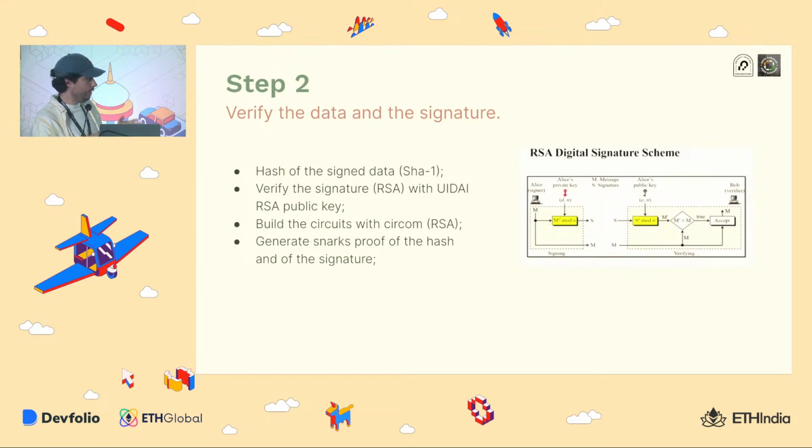You have in the PDF the hash of all the contents of the PDF, and this hash is signed with RSA. So we are querying the signature and the hash inside of the PDF. We are fetching the official RSA public key of the UIDAI, and we are going to verify the RSA signature. RSA lets you easily verify the signature.